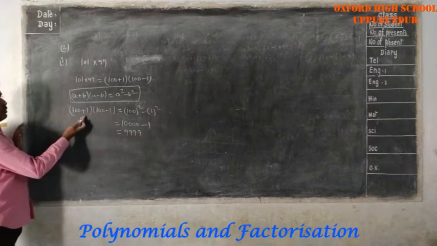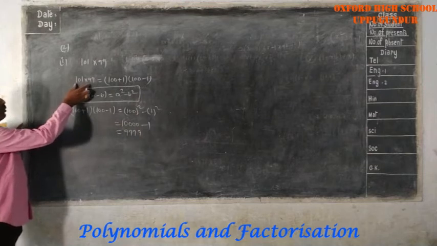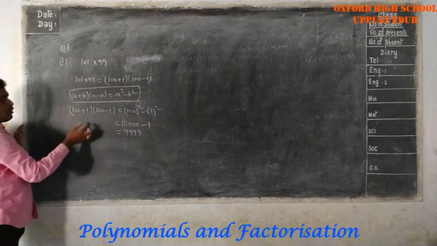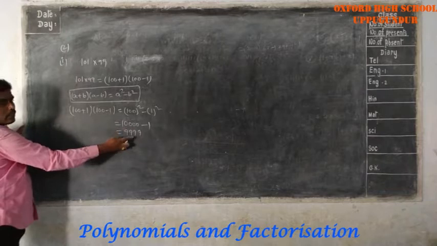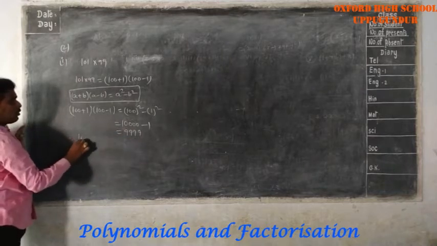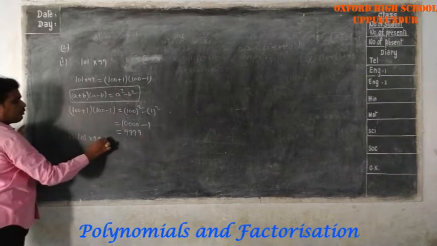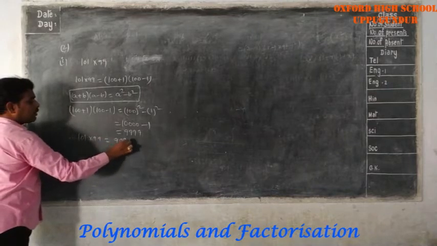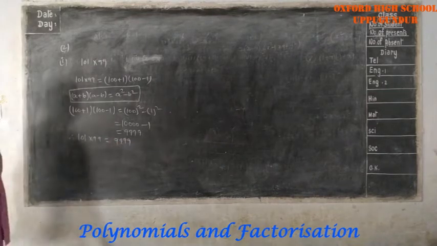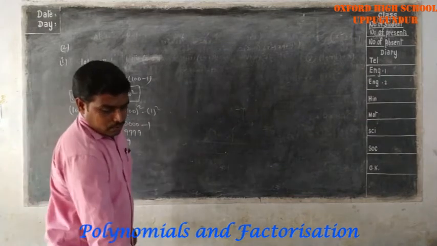Therefore, splitting 101 into 99 like this, we get the value 9,999. Therefore 101 into 99 equals 9,999.